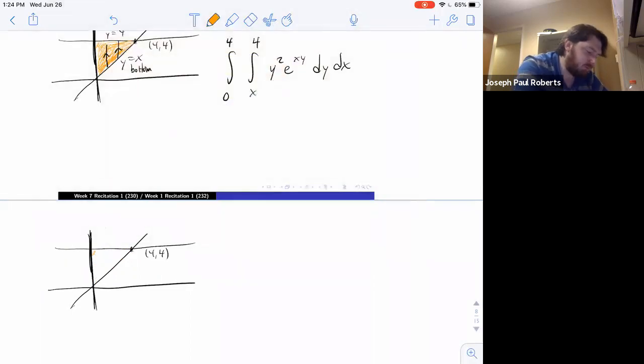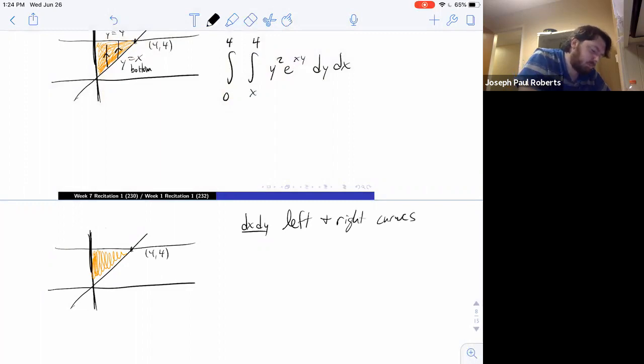Might as well have just redrawn that from scratch. So for dx dy, you're doing left and right curves. Okay. So what's going on here? It looks like our left curve is the y-axis, x equals 0.